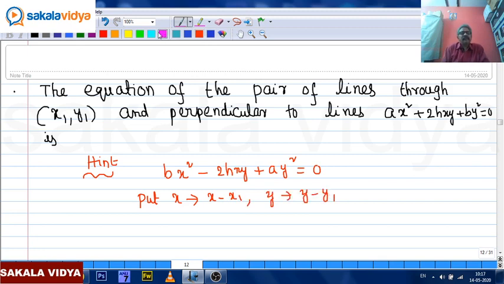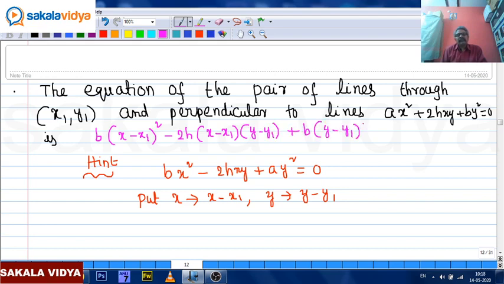Therefore now we get b times (x minus x1) square minus 2h times (x minus x1)(y minus y1) plus a times (y minus y1) square equal to 0. So this is compulsory, everybody needs to practice it. Please, today better you practice it. Put in the place of x, x minus x1.